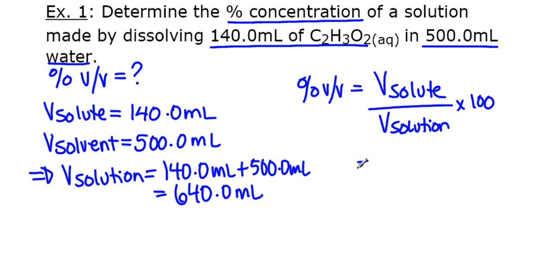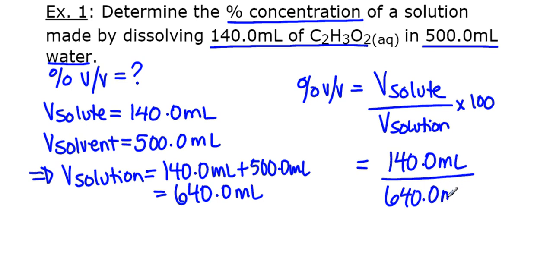So let's go ahead and find that percentage. So we take our 140 milliliters, divide it by 640 milliliters, multiply it by 100, and we're going to get about 21.875%.